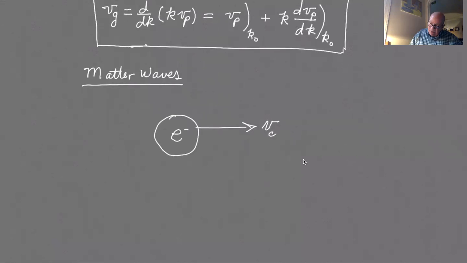I'm going to call it v classical. So it's the classical velocity with which that object is moving from left to right.